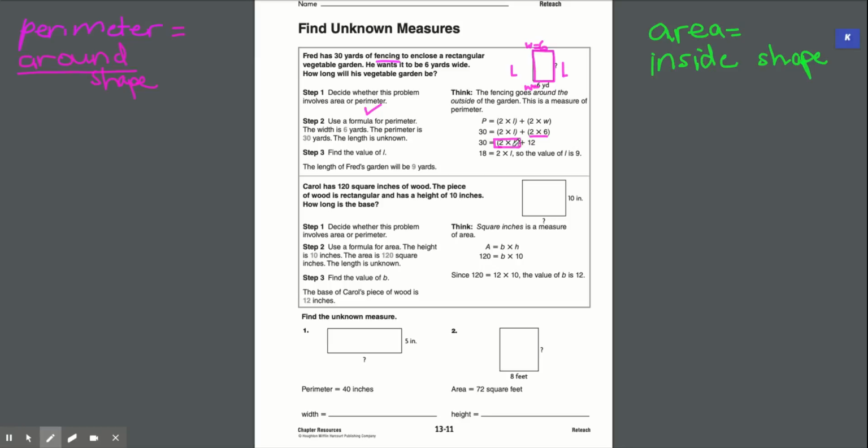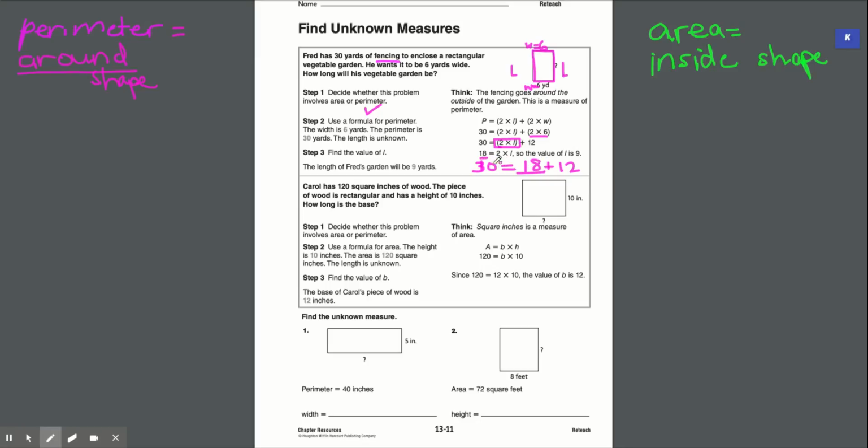That means that this number must be 18, right? You should already know that if I take 12 and I subtract it from 30, I'm going to get that number. So it's 18. So that's how they got 18 here. There's some mental math happening.